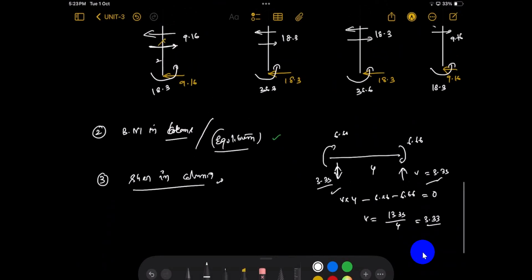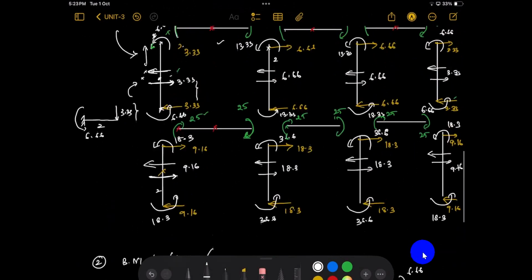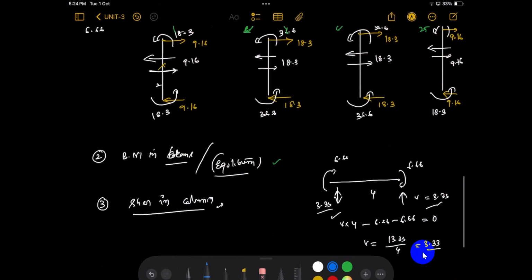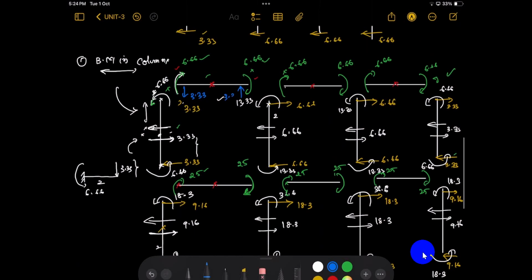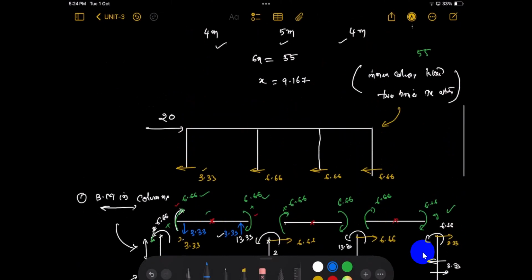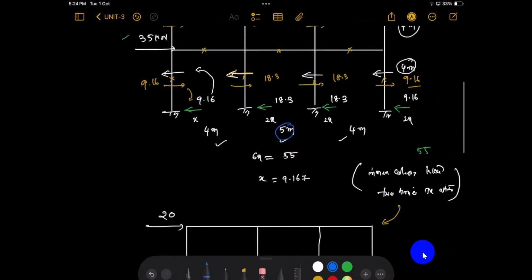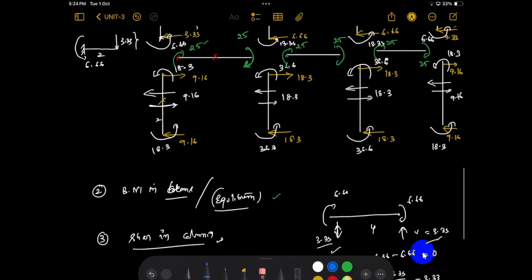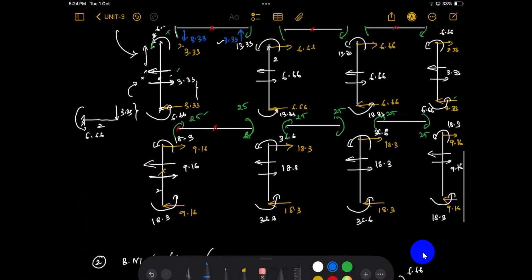You can write it in some different color. I will use a different color. 3.33, 3.33. Again here the same 6.66, 6.66. The column has a height of 5 meters, so 13.33 divided by 5 is 2.66.